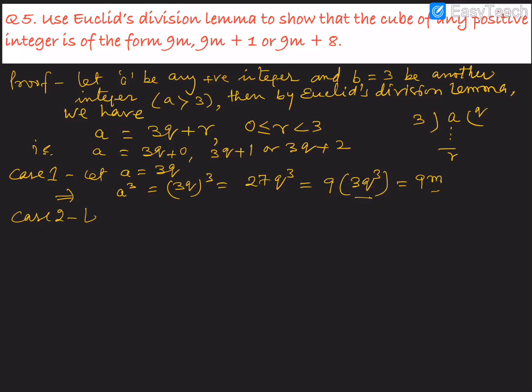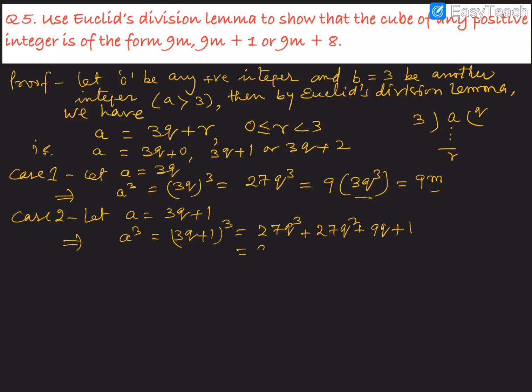Case 2. Let a is equal to 3q plus 1. Again cubing both sides, we get a cube means 27q cube plus 3a square b means 27q square plus 3ab square means 9q plus b cube means 1.